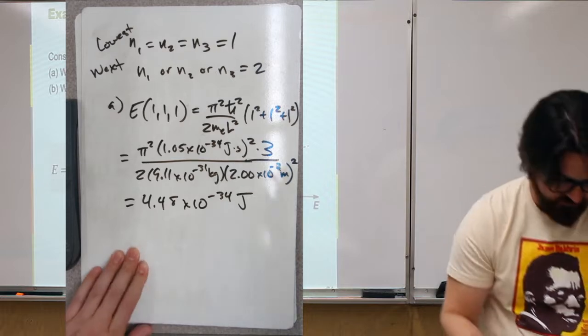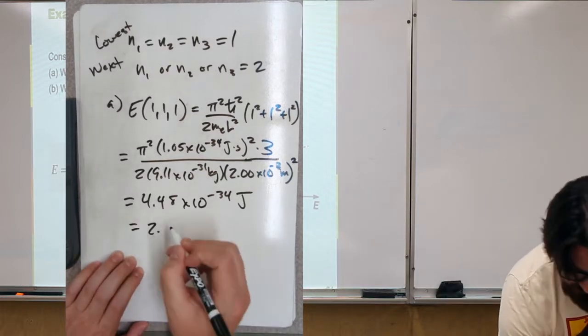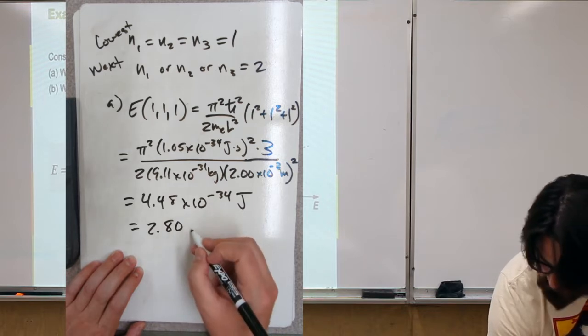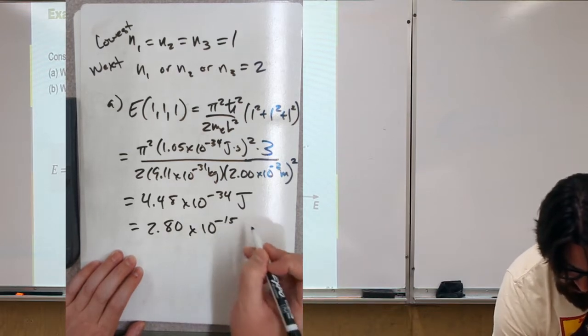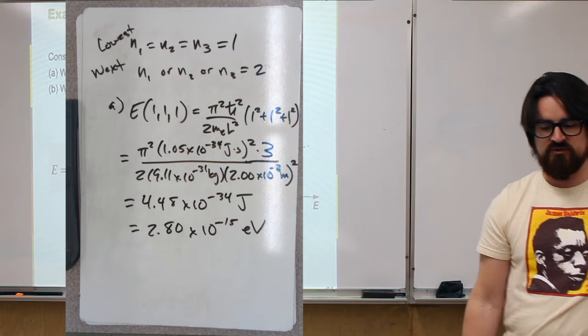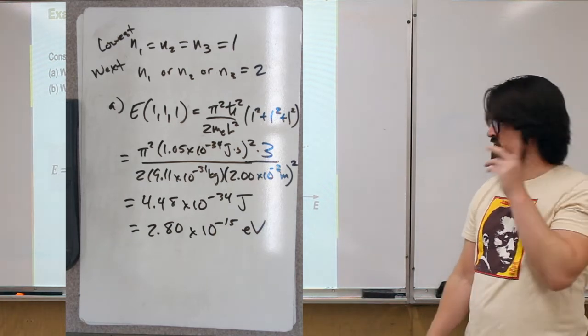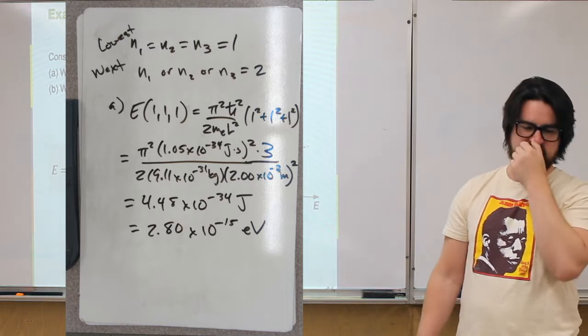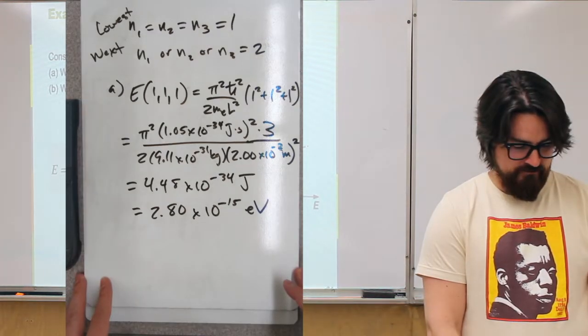Very small, very small. As electron volts, 2.80 times 10 to the minus 15 electron volts. So the lowest energy level is incredibly tiny, a very, very small amount of energy.